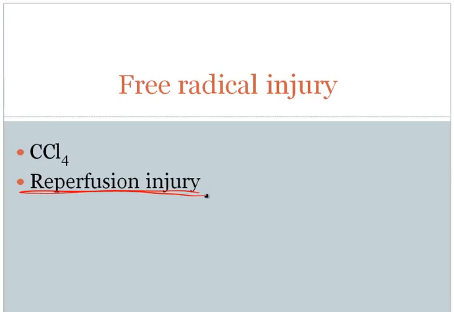Because once the blood is returned, the blood contains oxygen and inflammatory cells, and that results in the generation of free radicals, which allows for continued injury to the myocardium. That's called reperfusion injury, i.e. injury that arises due to reperfusion. So the classic vignette is a continued elevation in cardiac enzymes after opening or returning of the blood supply to the region, and it is basically due to free radical generation. So that closes off this section.